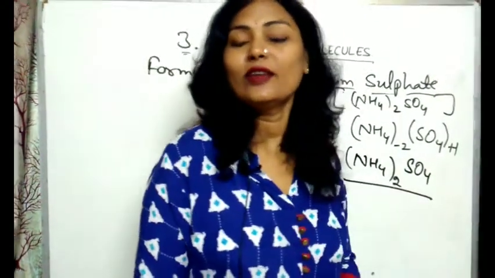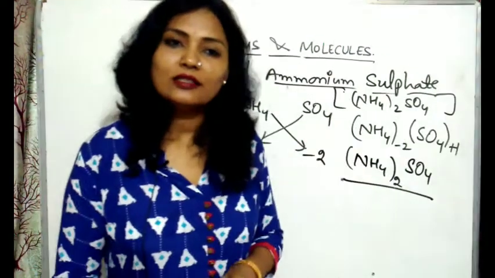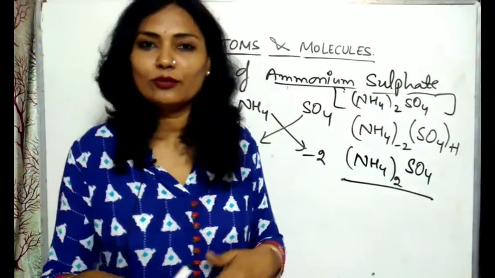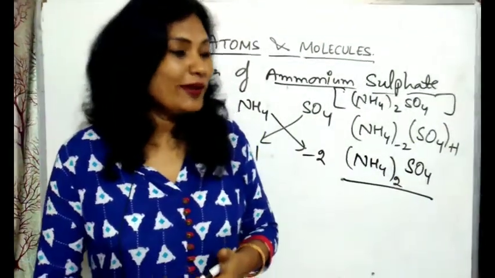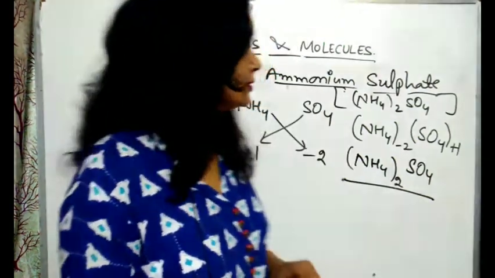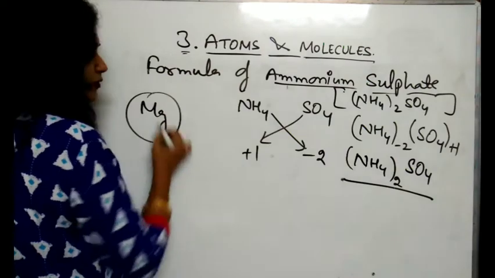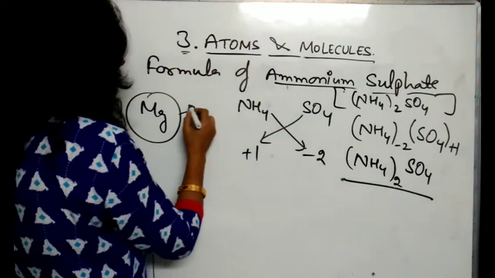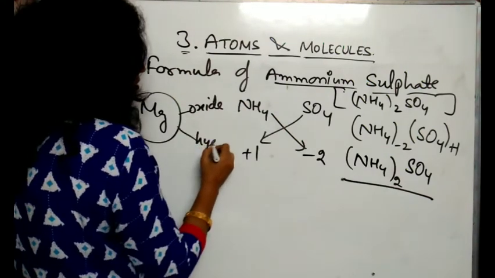I think we have written a lot of formulas, and if you have any problem regarding the formula, then I can give you the explanations of other formulas also. So please do practice of these formulas, and you can make the formula of magnesium. With the magnesium you can write the formula of magnesium oxide, then magnesium hydroxide.